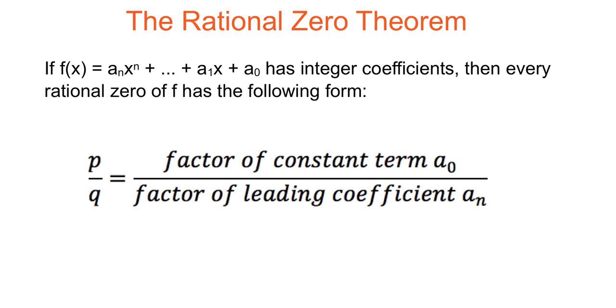Just remember, it's any polynomial we can think of that fits that form, and it has integer coefficients. Then we can find the rational zeros of that function given p divided by q, where p is any factor of the constant and q is any factor of the leading coefficient.